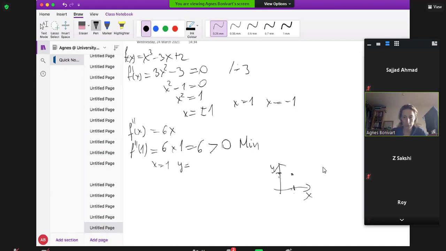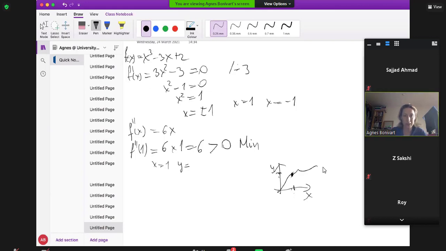How do we get to know? This point is on a function. So this is the function curve. This is the x coordinate. What is the y coordinate? How do we find the y coordinate of the point which is on the curve? We can substitute in f of x.